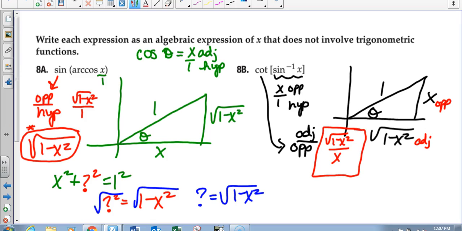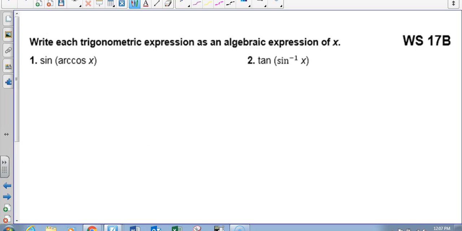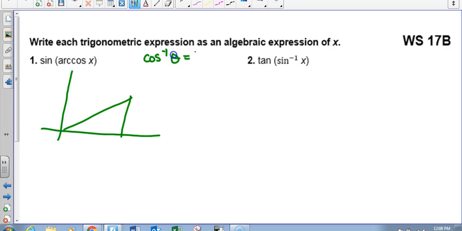All right, a little more practice. This one is very similar to one we just did. It may even be exactly the same. I have no idea, but cosine. That is the same thing. Cosine is adjacent over hypotenuse, so we have adjacent over hypotenuse.